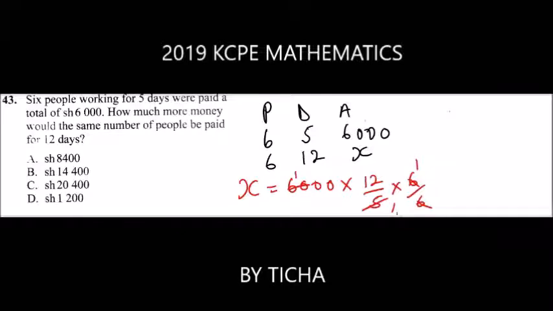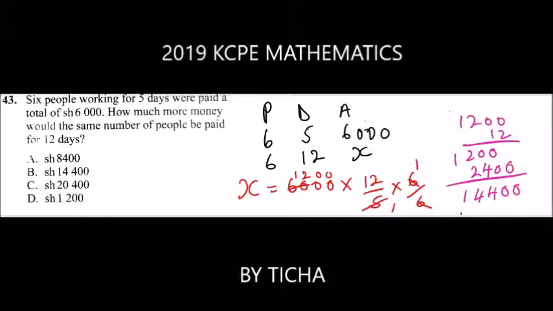By 5 you get 1, 2, 1, 2, 1, that is 1,200, and therefore you multiply 1,200 by 12, and when you add this, you get the amount they would receive for working for 12 days.